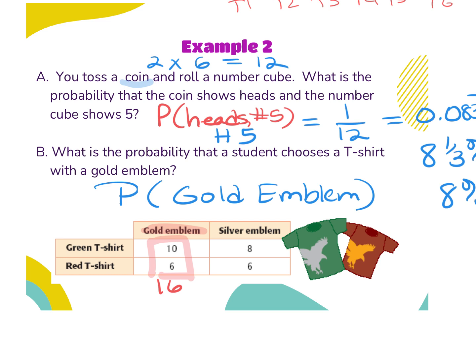Now I also have to get the total t-shirts including silver. So the silver total, add this column, the 8 plus 6, and that's going to give me 14. So I have a total of 16 plus 14. I have a total of 30 t-shirts. I now want to find the probability of gold.